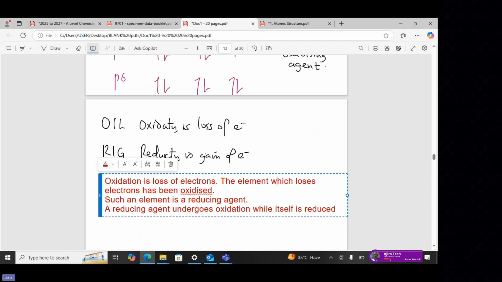Oxidation is loss of electron. Point one, the element which loses electron has been oxidized. Such an element is a reducing agent.